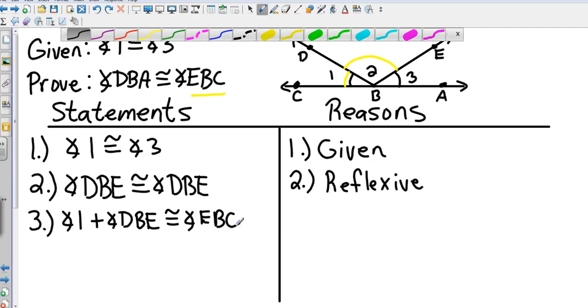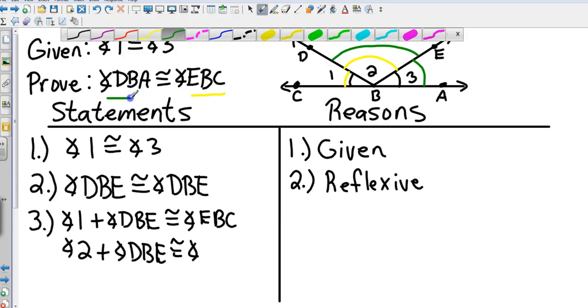And in the same step, I can take angle 2 plus angle DBE, and that's going to equal, let's go up here and mark those, this plus this is going to equal angle DBA.